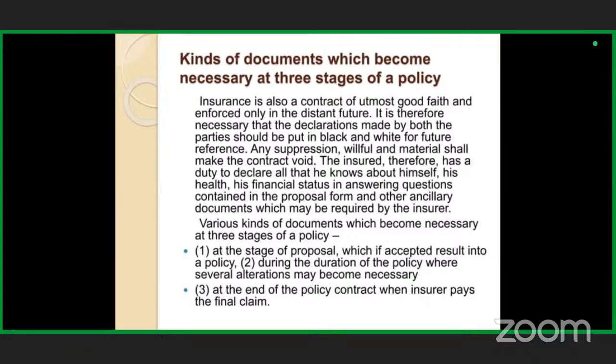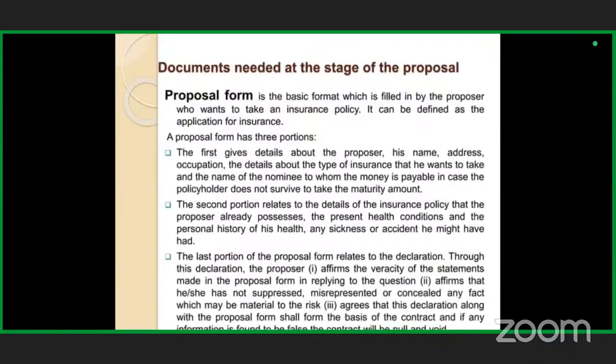You enter into a contract, say for 10 years, and during that time some alterations may take place. Number three, at the end of the policy contract, when the insurer pays the final claim. After completion of the term, the insurer has to pay the amount to the insured, so the final claim is important. For that also, the necessary documents are required.